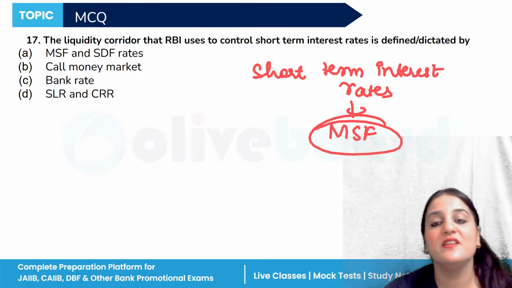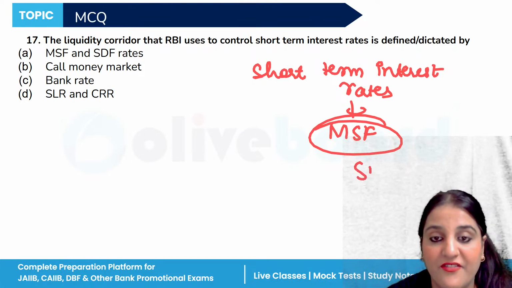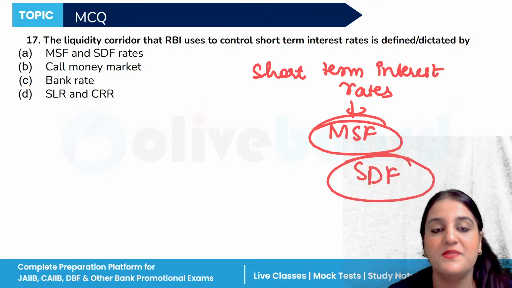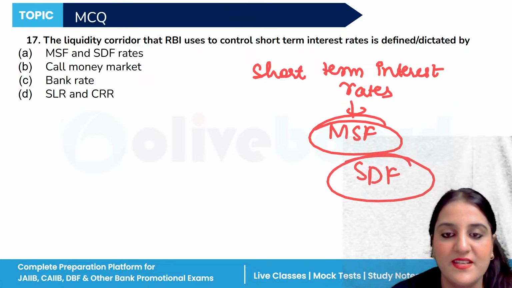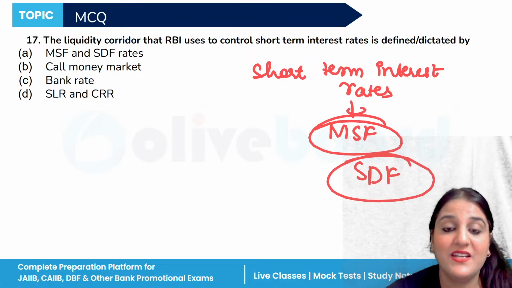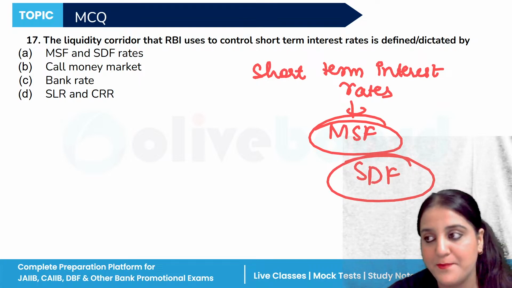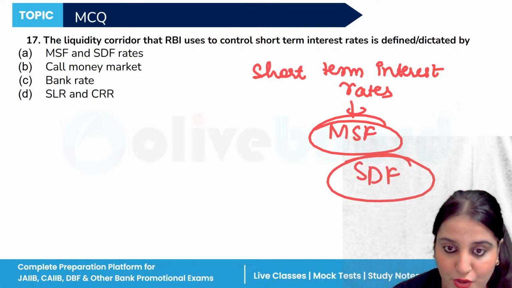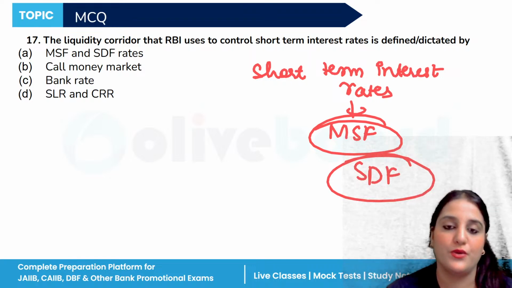MSF is marginal standing facility, and the SDF. SDF is standing deposit facility. Marginal standing facility is the rate at which the banks can borrow overnight funds from the RBI by pledging government securities. It serves as the upper limit of the liquidity corridor.